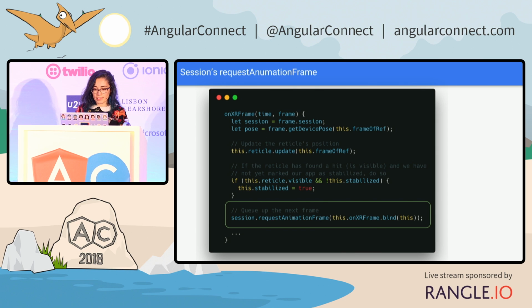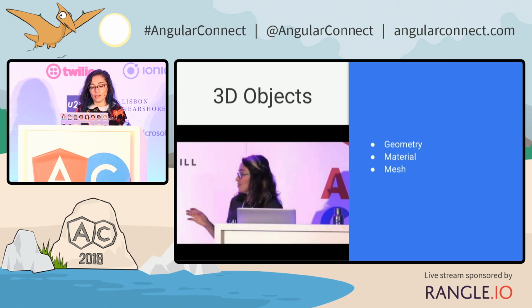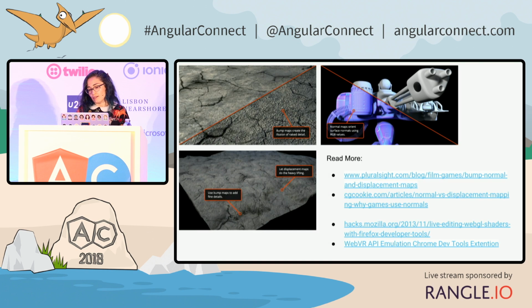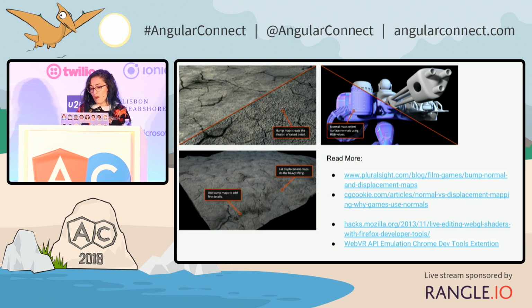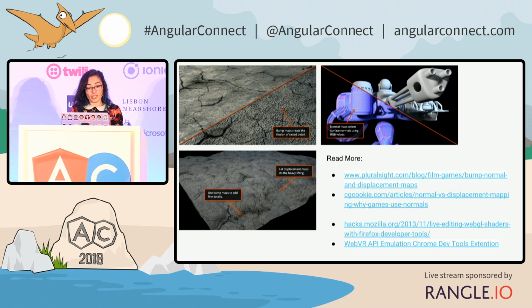What I didn't include here is creating the 3D geometry, materials and mesh, but my first talk here, this is my fourth, was about WebGL in general, not WebXR, so you can watch that on the AngularConnect channel. But one thing I really wanted to give you is that I found really cool resources that explain how to create more reality by using materials and texture maps.